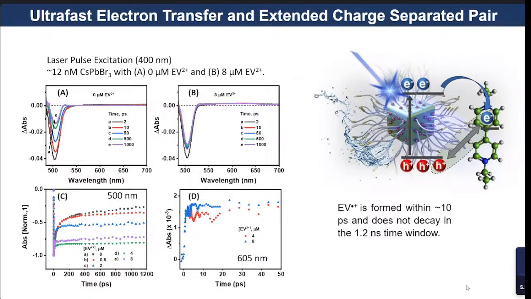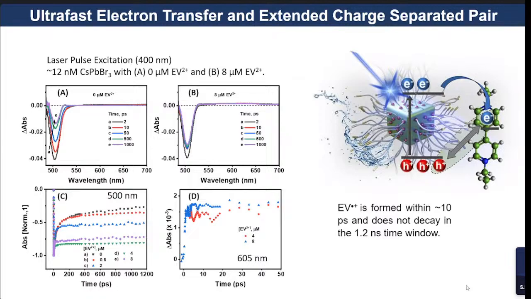So we did vary the concentration, and sure enough, when there is nothing there, you see this black line. Adding a little bit, 0.5, the bleach started increasing, the residual bleach. And we looked into the fingerprint of the viologen radical that's formed here.